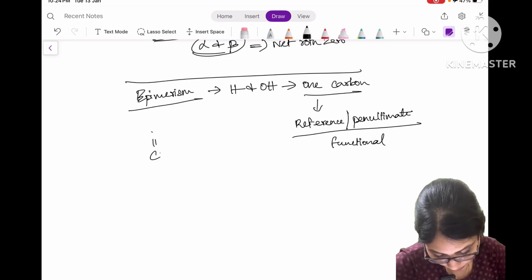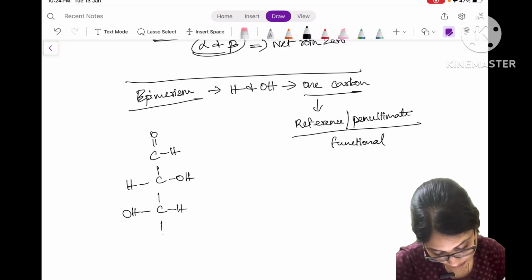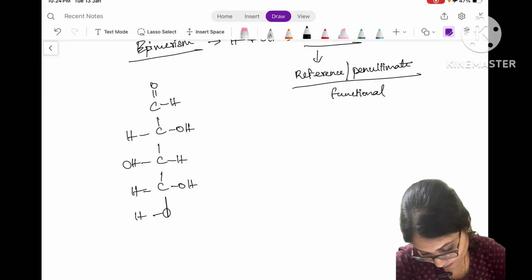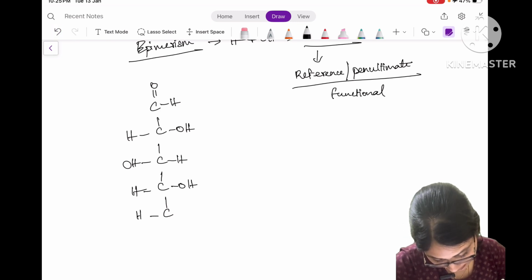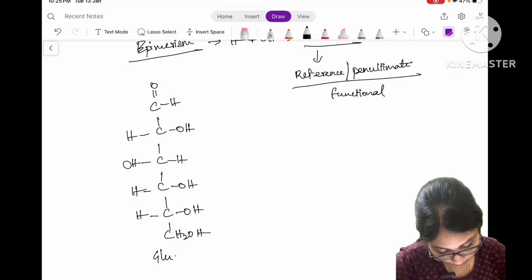C double bond O and H, and then we have CHOH, then CHOH, then CHOH, then CHOH, then CH2OH, right? So this is nothing but glucose.